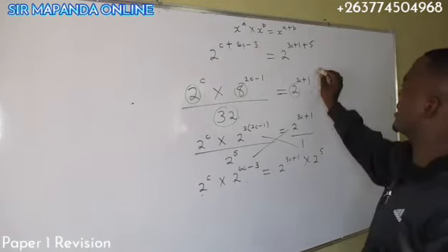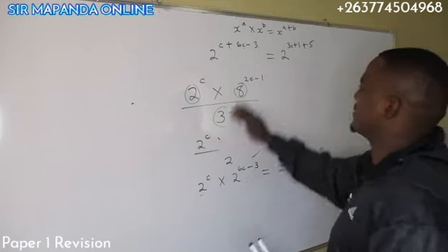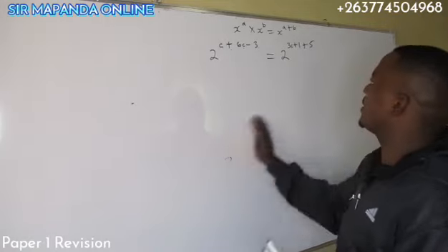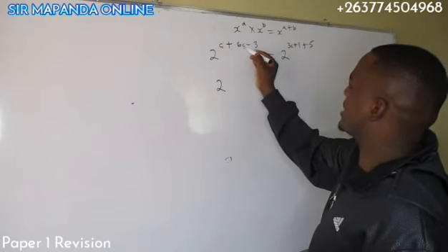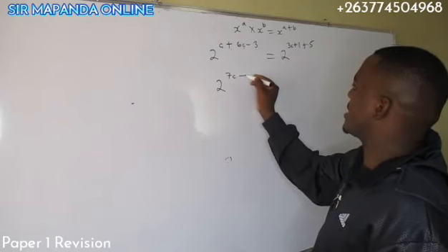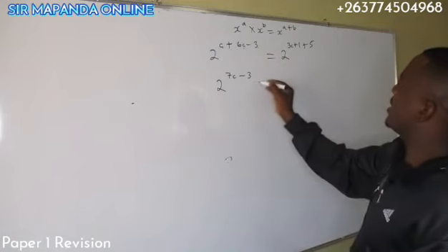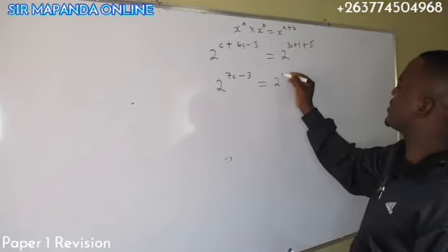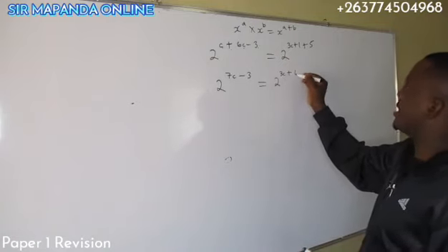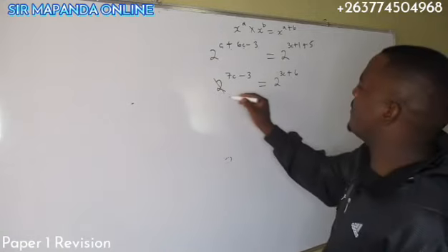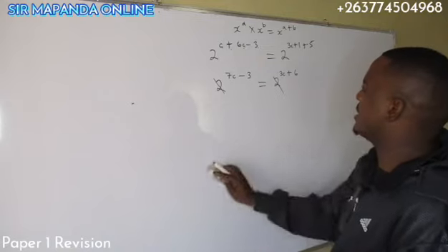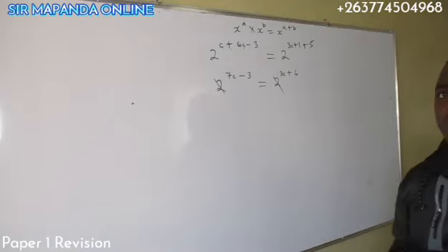So let me erase so that I have enough space. If you simplify c plus 6c, you get 7c minus 3. Then here you get 2 to the power of 3c plus 6. Then you cancel off the common base so that you concentrate on powers.